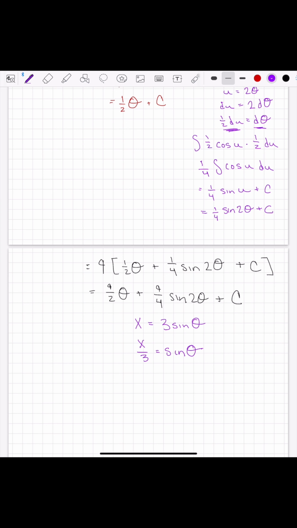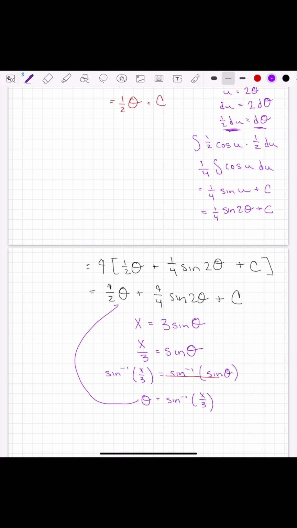And we can take the arc sine, the inverse sine of both sides. Remember, inverses and regular functions cancel each other out, so what we're left with on the right is just theta. So theta we know is inverse sine of x over 3.